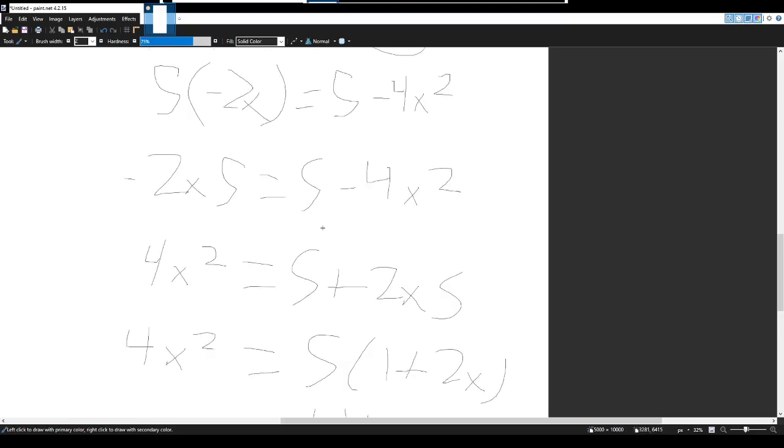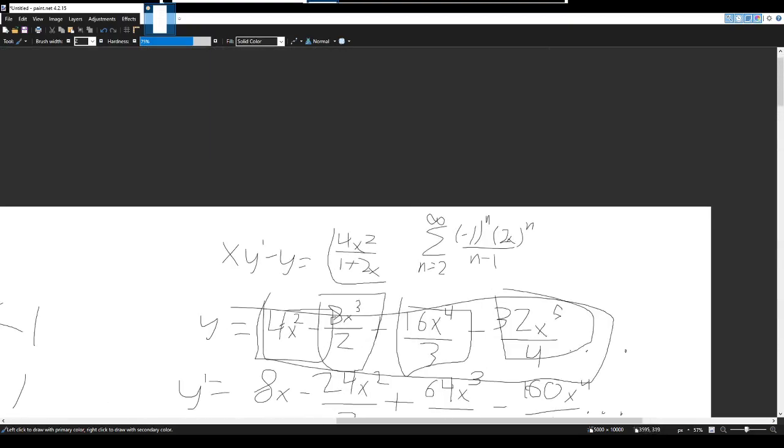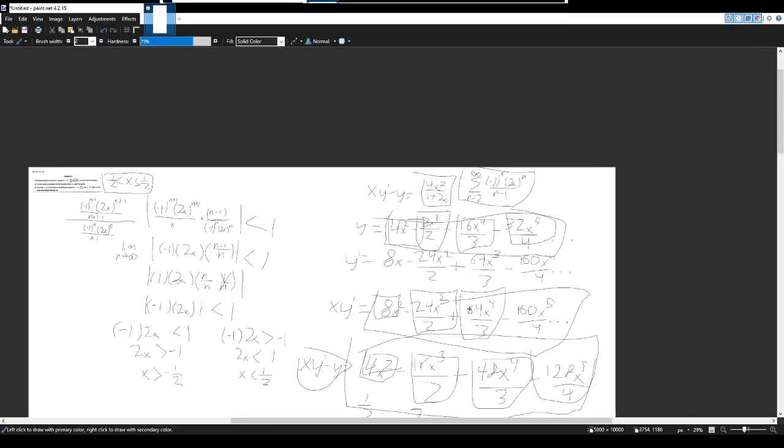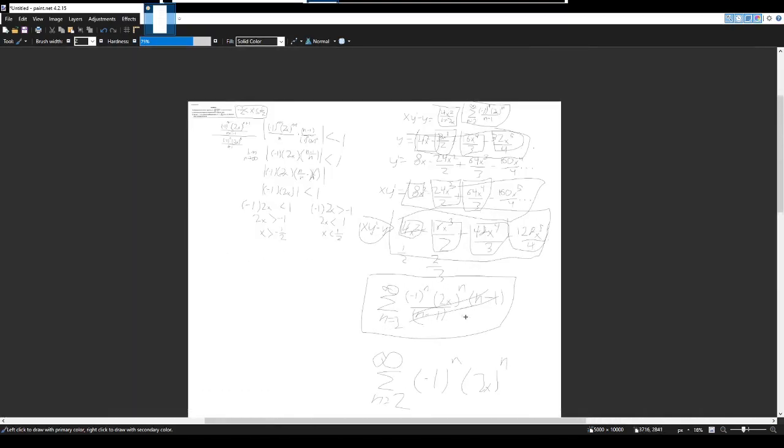And if you recall, that's exactly what they want us to find. So now we have proven that xy prime minus y equals 4x squared over 1 plus 2x when y is this function right here.